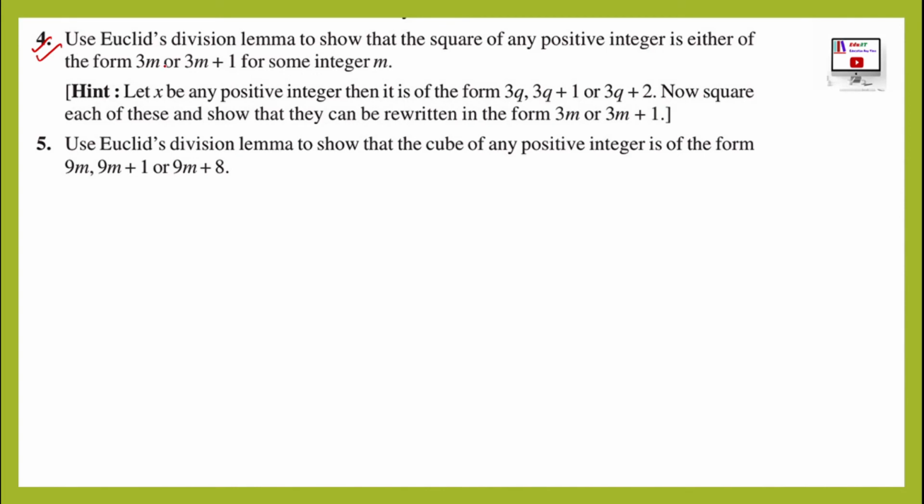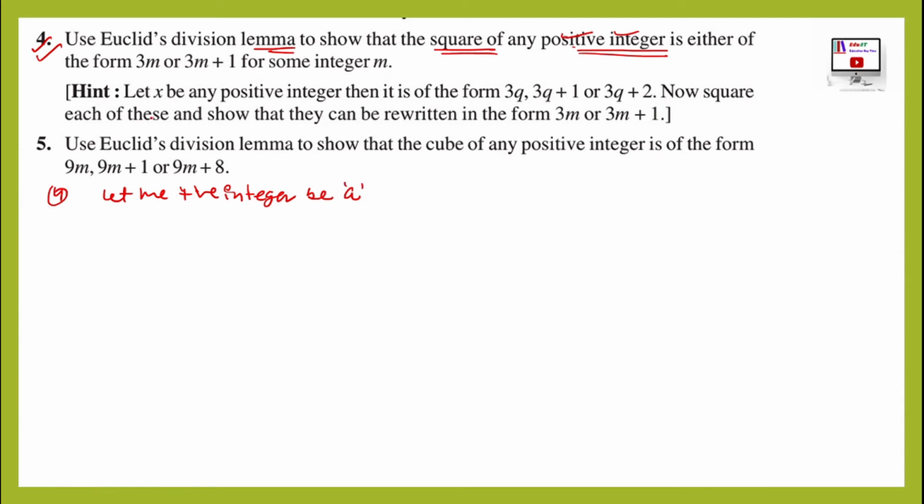Let us do question 4. In this question it is given: use Euclid's division lemma to show that the square of any positive integer is either of the form 3m or 3m plus 1 for some integer m. Now let the positive integer be a.